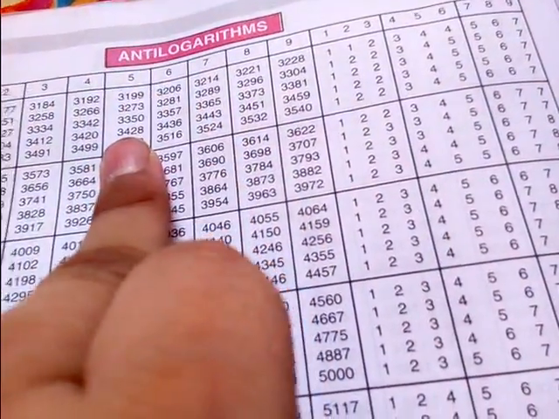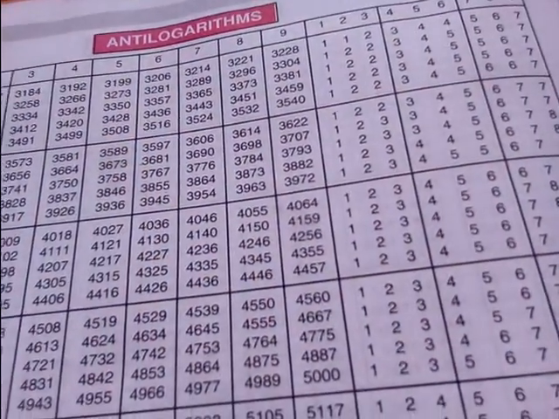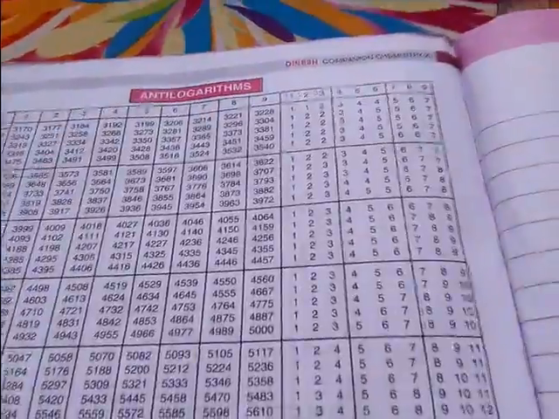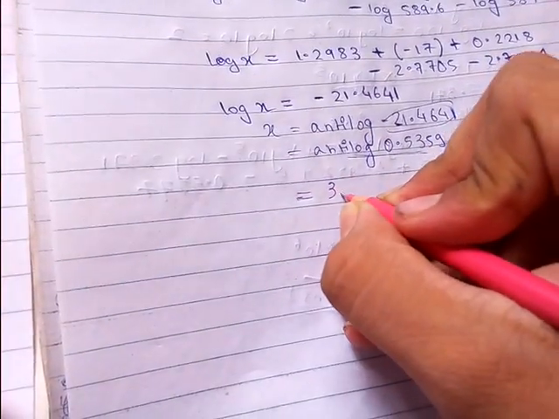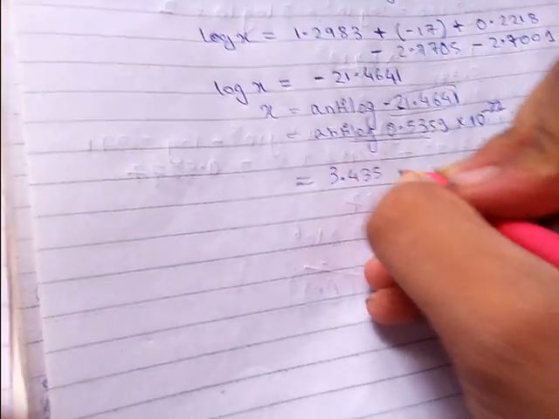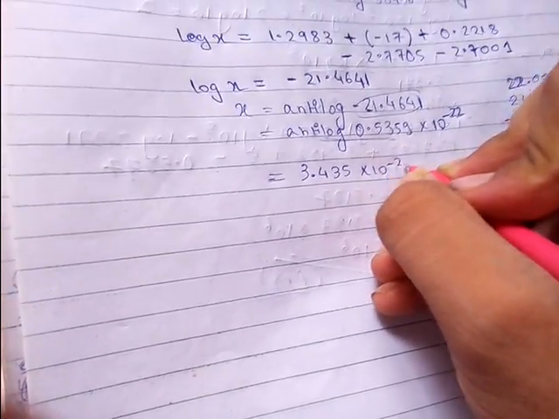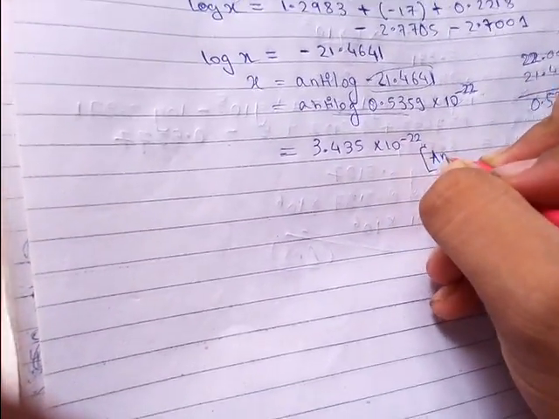So 3428 plus 7, we have got 3435. So 3.435 into 10 to the power minus 22. This is the answer.